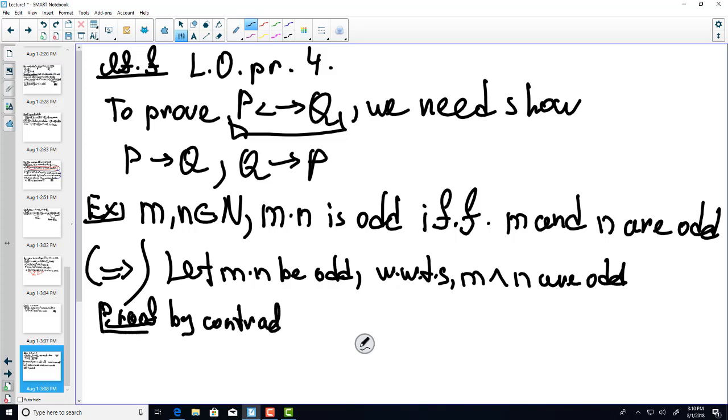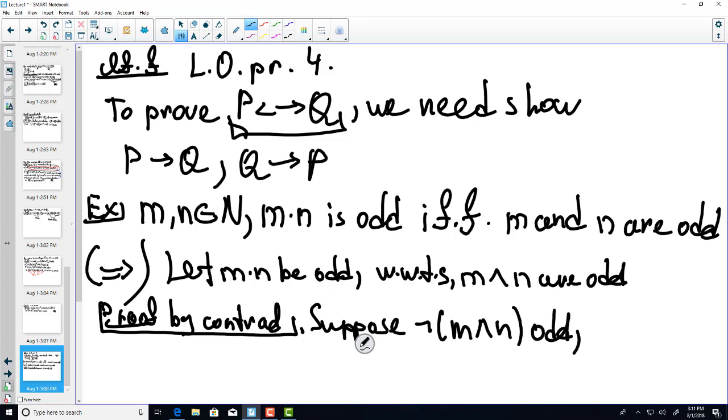So, proof by contradiction, we start by negating that m and n are odd. So suppose not.